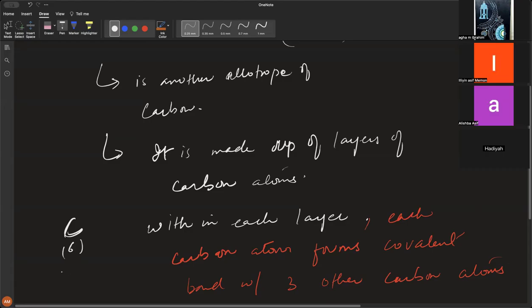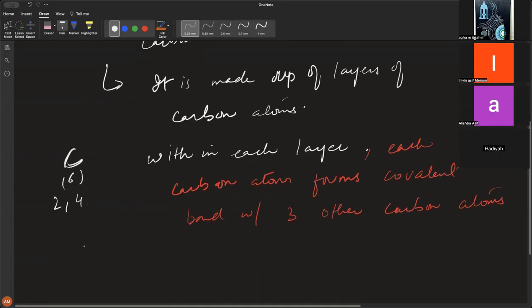If you make a configuration, you're going to see it is 2 and 4, which represents that each carbon atom has 4 unpaired electrons. Do you see the importance of making electrons in this manner? Remember, for oxygen we used to make it like this, so that we can get to know how many unpaired electrons are there. Similarly, when we make 4 electrons for carbon, they all are unpaired. It means that they all are going to be involved in bonding. We know that unpaired electrons are the ones that are involved in bonding.